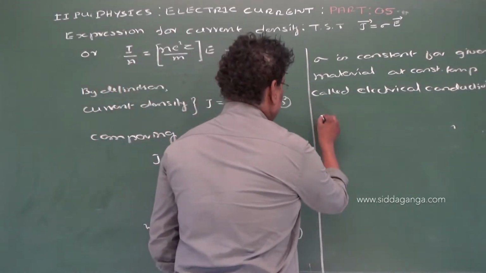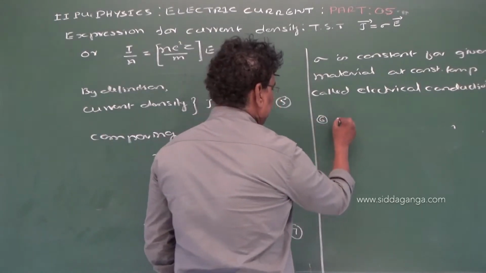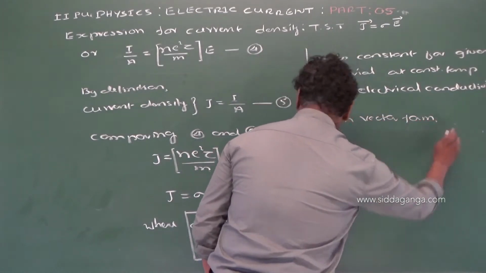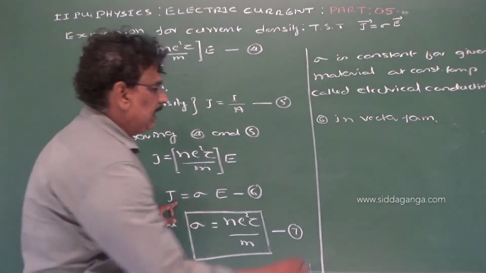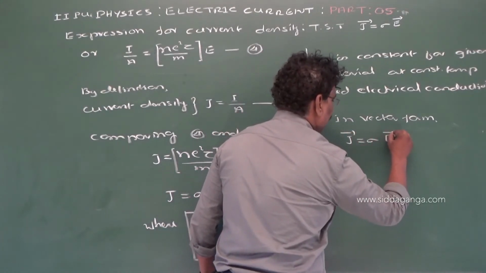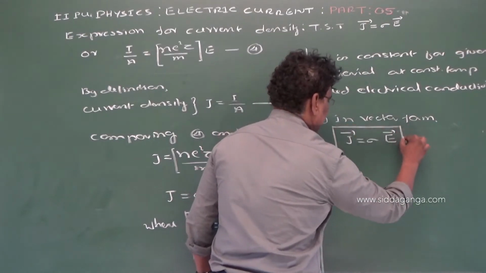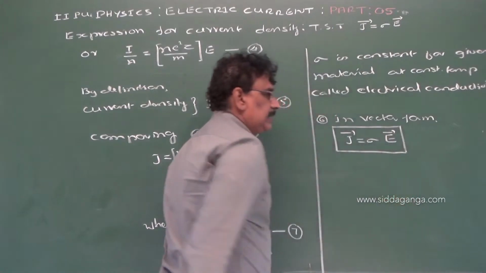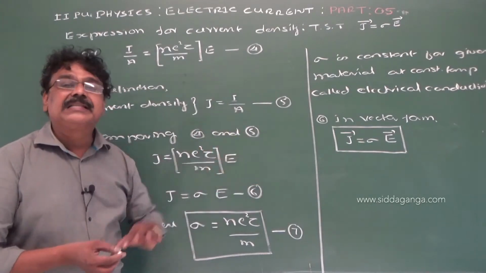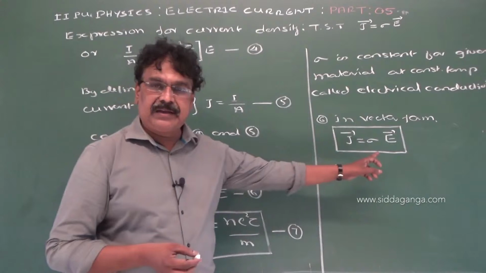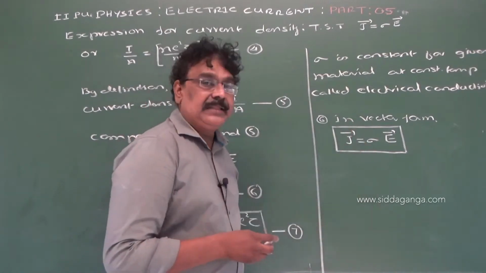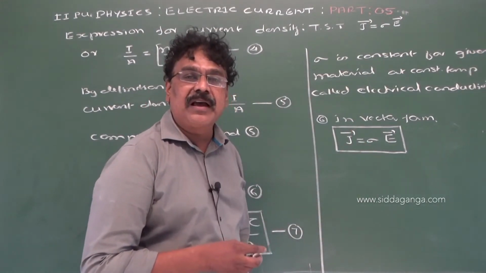Now equation 6 in vector form can be written as vector J is equal to sigma into vector E. This is the required expression for current density in terms of electric field, where sigma is a scalar quantity, and this equation is called Ohm's law in vector form.